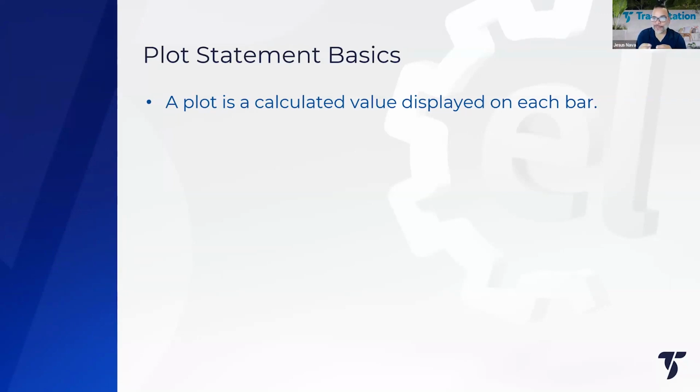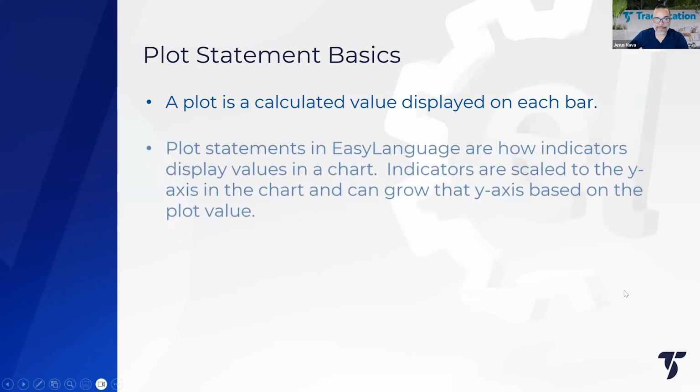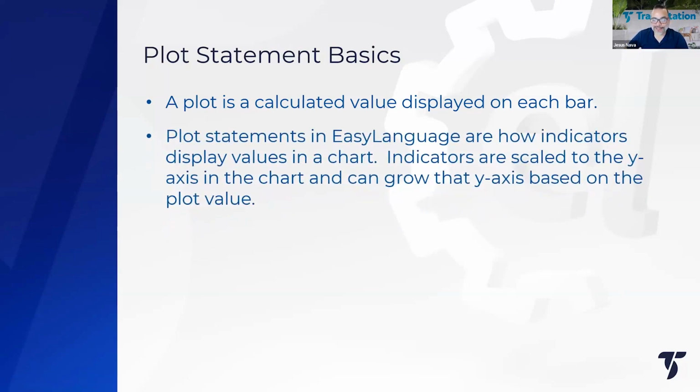This drawing can be a line, text, a cross, a dot, it can be anything. But you have to tell EasyLanguage what it is that you're going to draw on the chart. We use the word plot as a way of telling EasyLanguage that we want to have visibility of a value on a graph. Plot statements are how indicators display values in a chart.